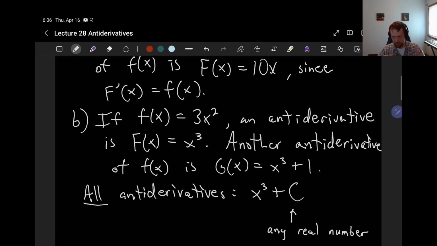Right, x cubed plus any real number is going to have that same derivative, 3x squared. So they will always work as antiderivatives. So that gives us a big, really infinite family of antiderivatives.